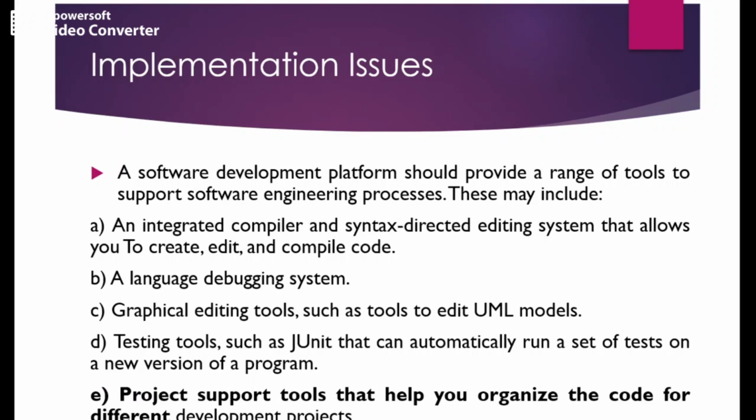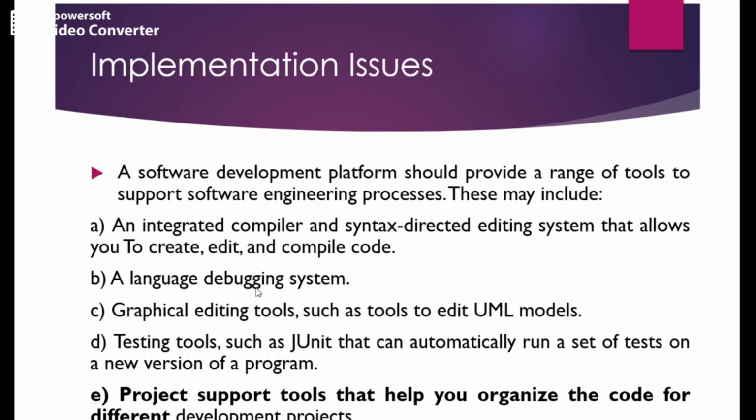Now you install Java, but you need a compiler, you need a debugger, and you also need to execute it, isn't it? So an integrated compiler and syntax directed editing system that allows you to create, edit and compile the code. So one thing is you need a compiler, another one is an editor to actually create the code, edit the code, compile the code.